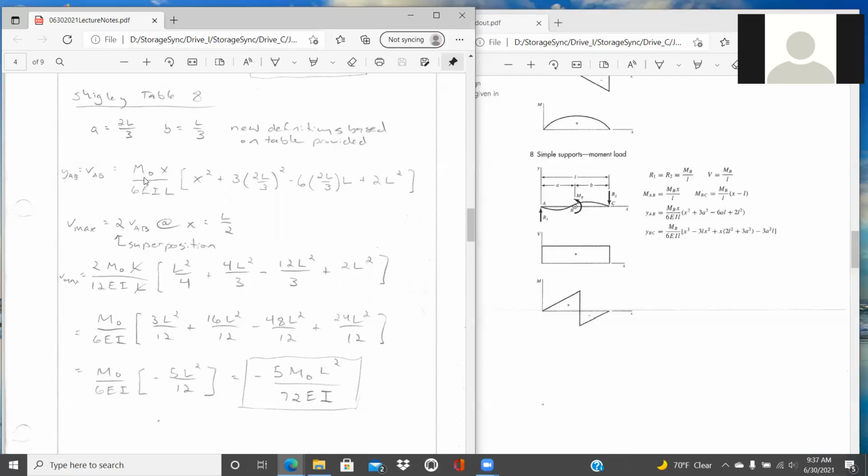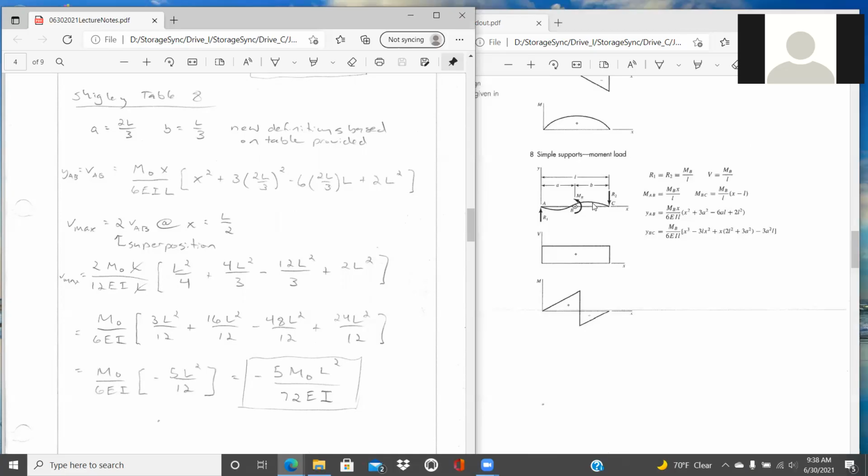So it's M0 times X over 6EIL times the quantity X squared plus 3A, where A is 2L over 3, quantity squared, minus 6A, 2L over 3, times L, plus 2L squared. And that gives us our displacement as a function of X for that first part of the beam, from 0 to A, all the way over to 2/3 the length of the beam.